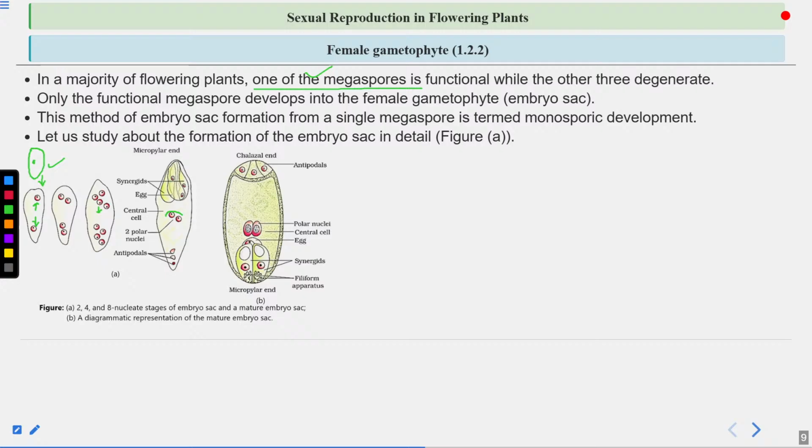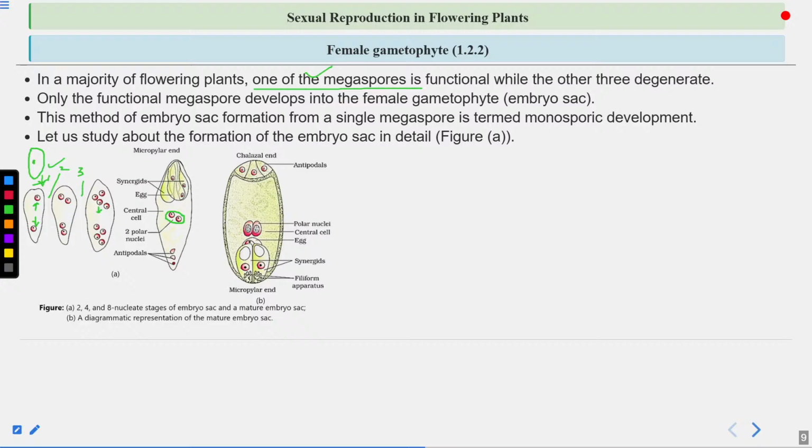There in the center you can see the 2 polar nuclei. So, 3 mitotic divisions in total: the first, the second, and the third. After the third, you have 8 nuclei in 1 megaspore.